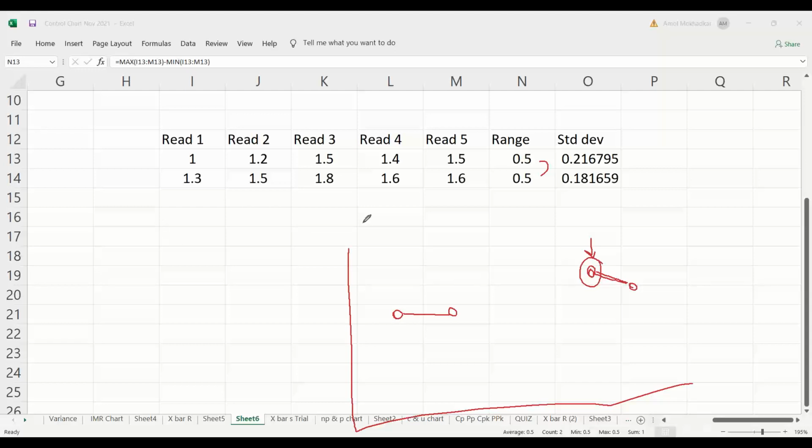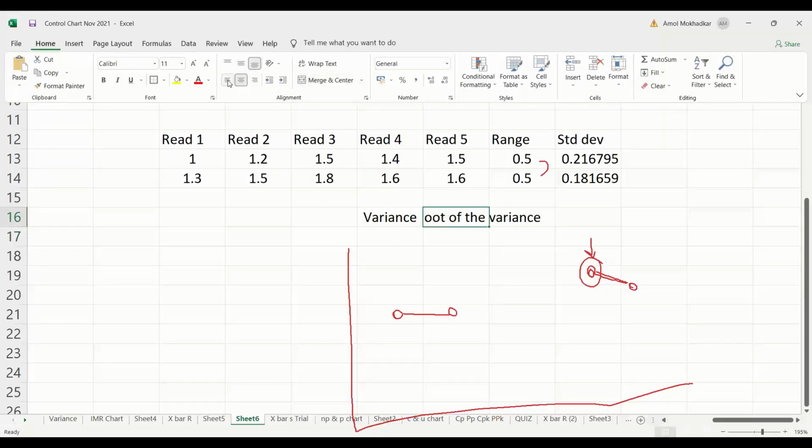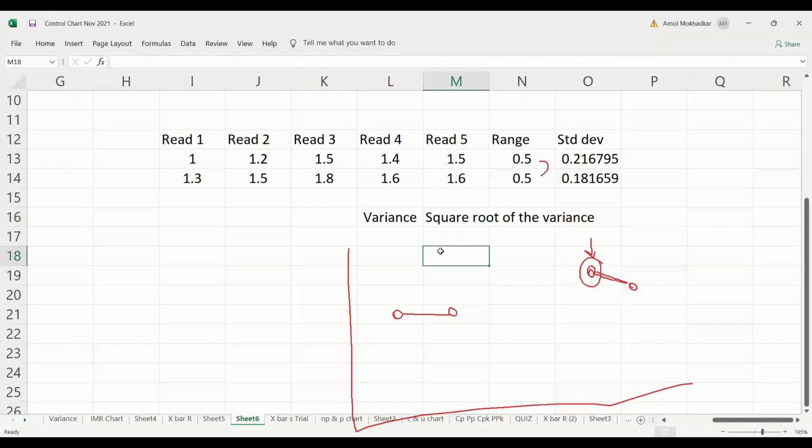Yeah, for standard deviation, the first day we have learnt. On the first day, you need to calculate variance and then take the square root of the variance. But Excel will give you the facility to directly calculate the standard deviation. And that day we have seen that the standard deviation will be of two types.